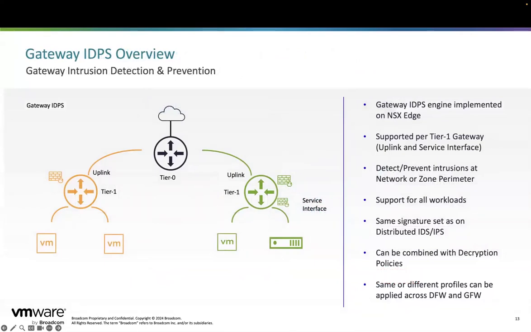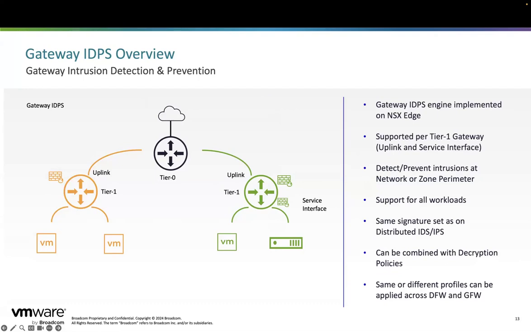The gateway IDPS. So we spent some time on gateway and understanding the gateway firewall and the use cases. Adding IDPS capability to the gateway means adding IDPS to the edge device that's getting deployed. Supported per tier 1, it can detect and prevent intrusions at the network or the zone perimeter.